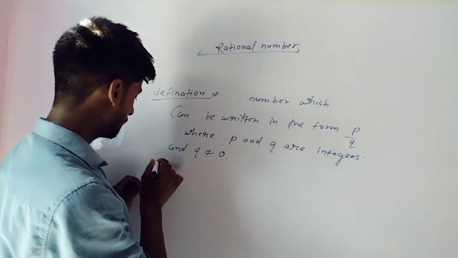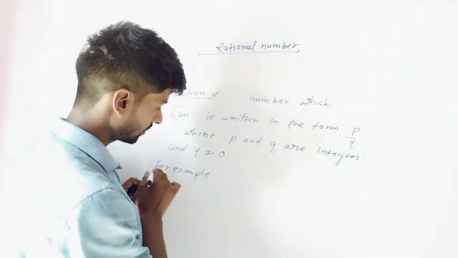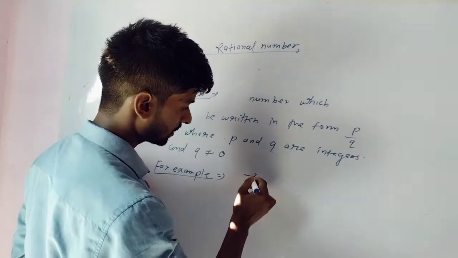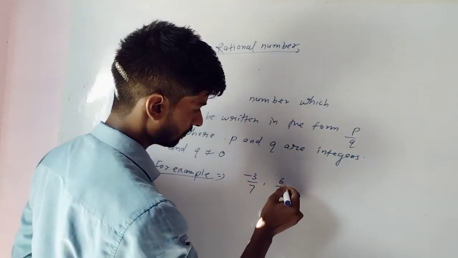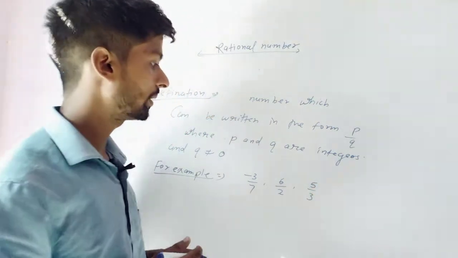So we have examples. For example, -3/7, 6/2, 5/3 are examples of a rational number.